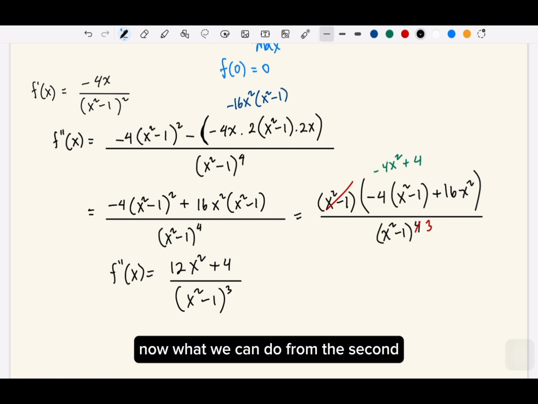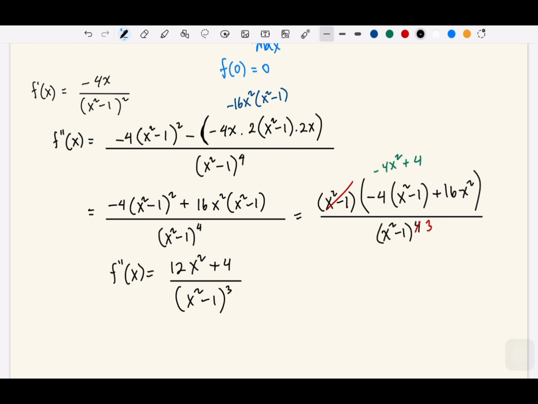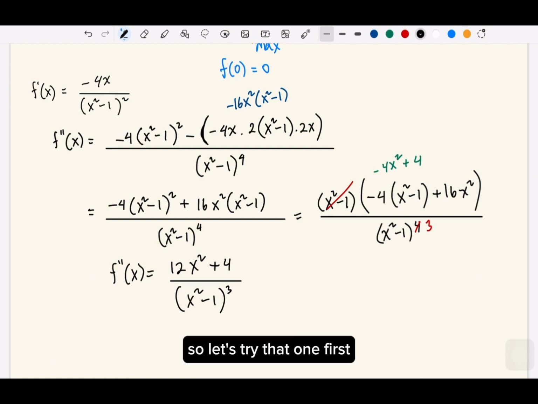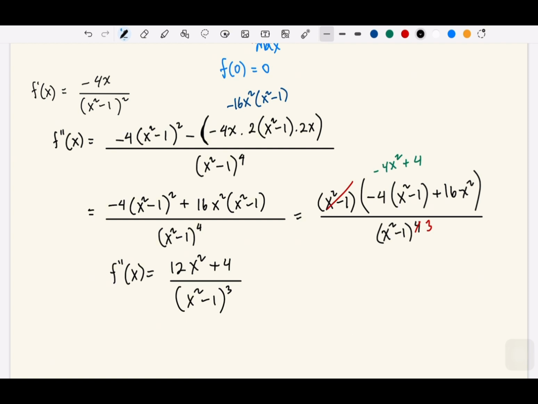Now what can we do from the second derivative? The same as we did before. We might think that there might be an inflection point, maybe. So let's say this is going to be equal to 0. So let's try that one first.